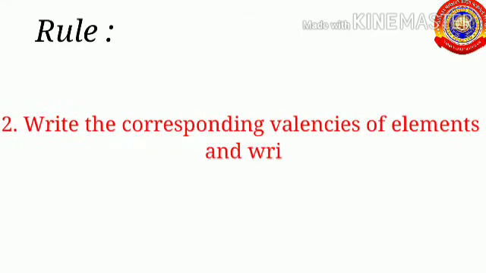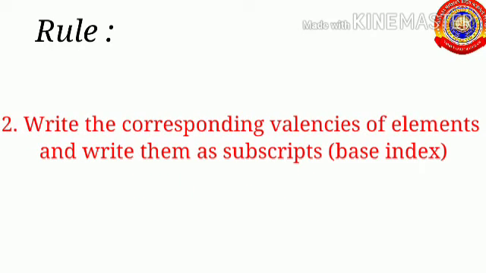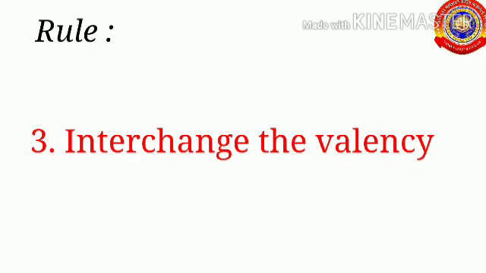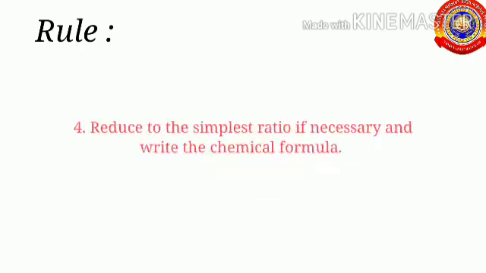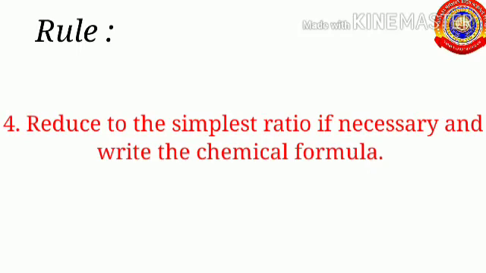Rule 2, write the corresponding valencies of elements as subscripts. Third one, interchange their valencies. And fourth rule, reduce to the simplest ratio if necessary and write the chemical formula.